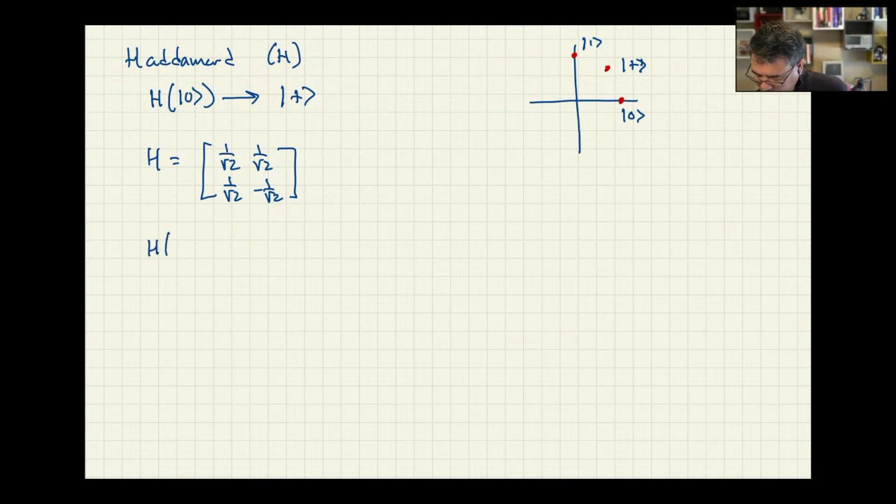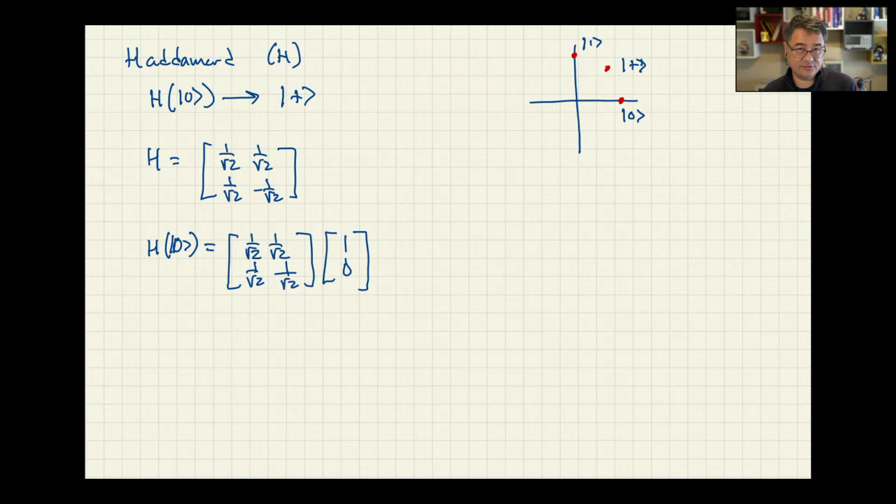So if I do H on the 0 qubit, that's the same thing as doing the H matrix applied to the 0 qubit. This is H of 0.